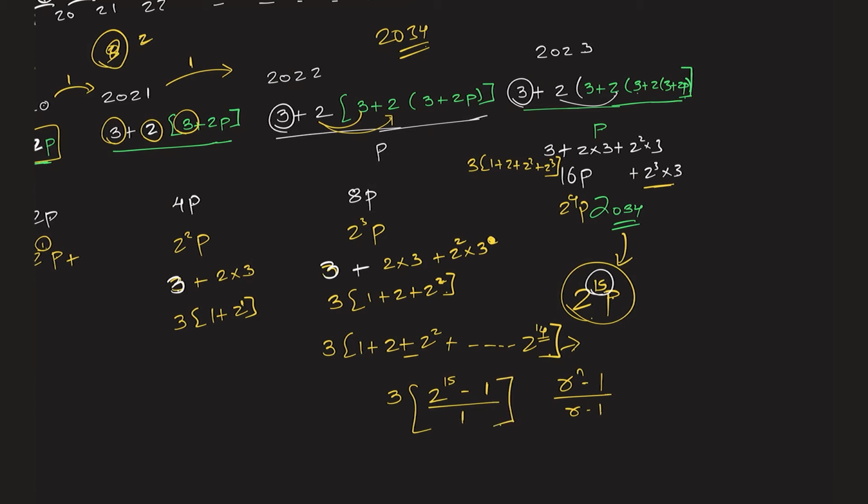Okay, so this is the answer that I get here. So 2 raised to 15 was the part of it which was here, the p part, and now plus is the next part, which is 3 into 2 raised to 15 minus 1. Okay, so I got both the parts.